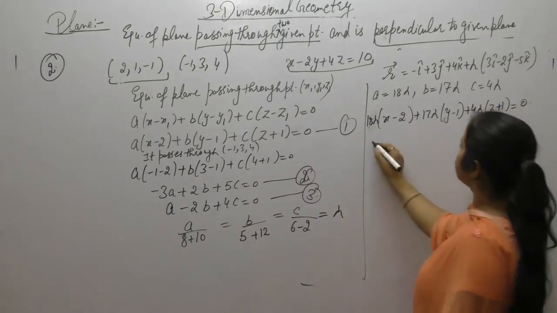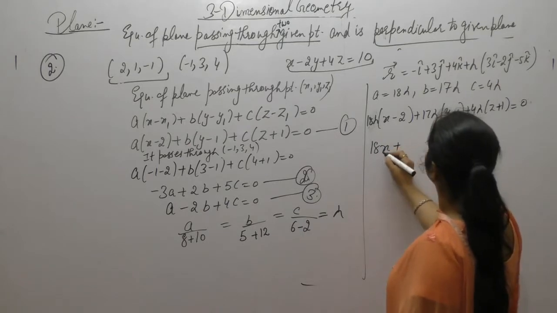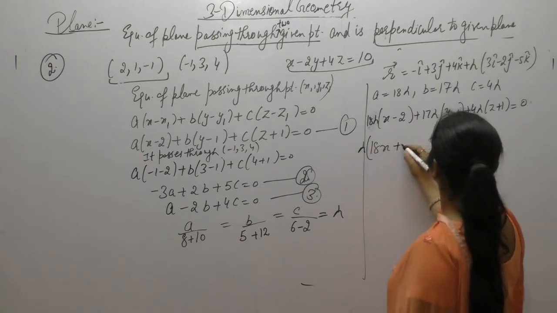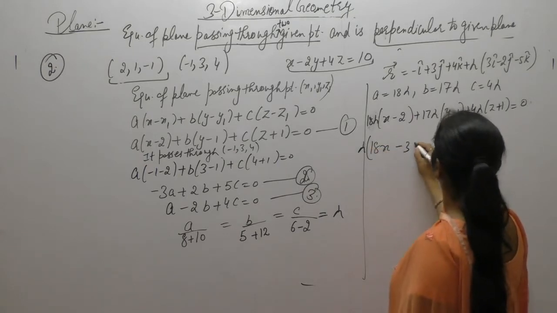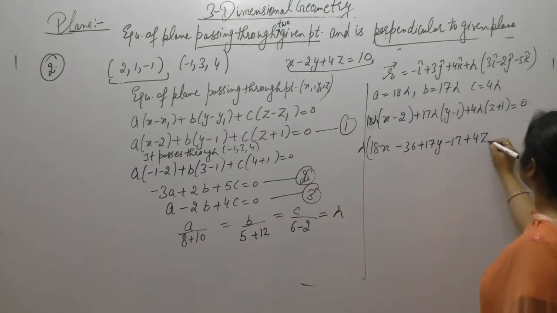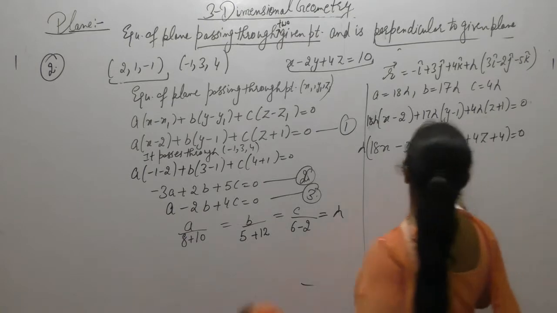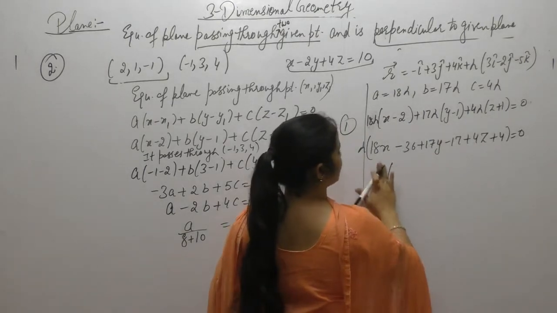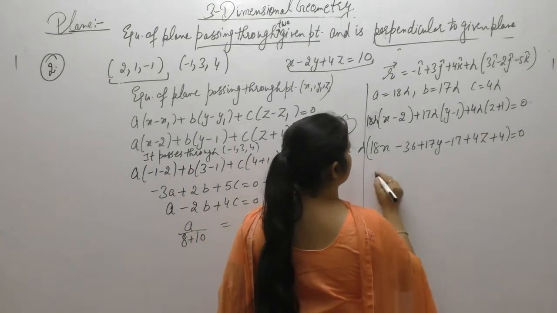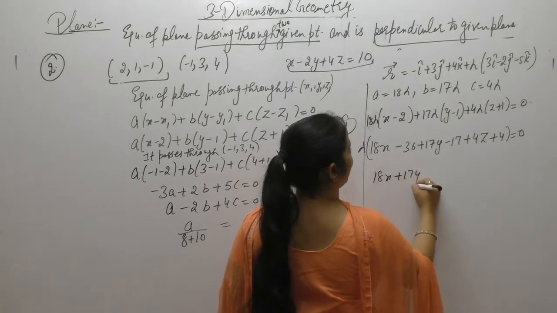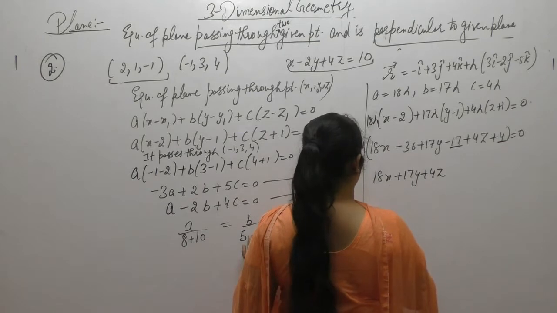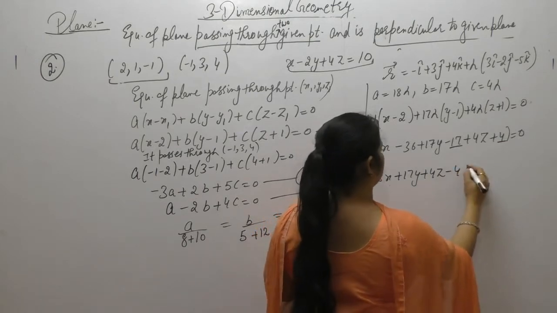So we can write it as 18x, taking lambda common, 18x minus ... equals 0. Lambda going to the other side, 0 upon lambda is 0. So 18x plus 17y plus 4z, 17 minus 4 is 13, 36 and 13 is 49.